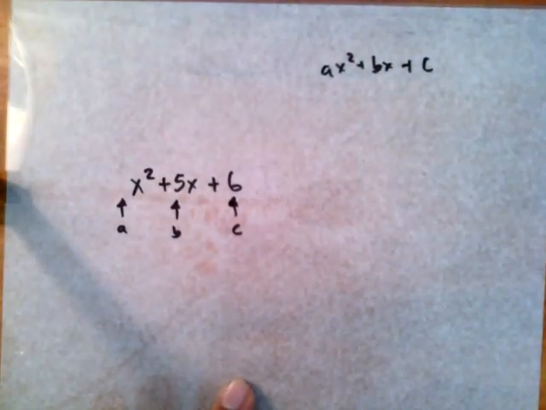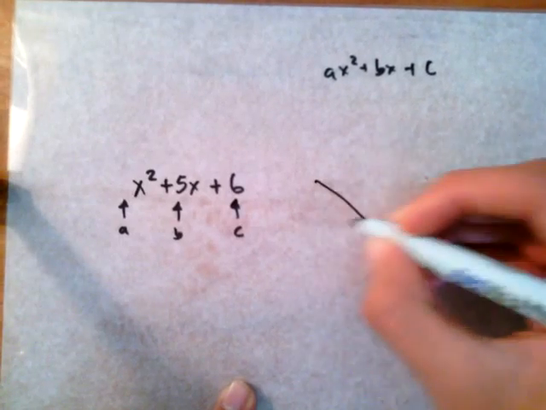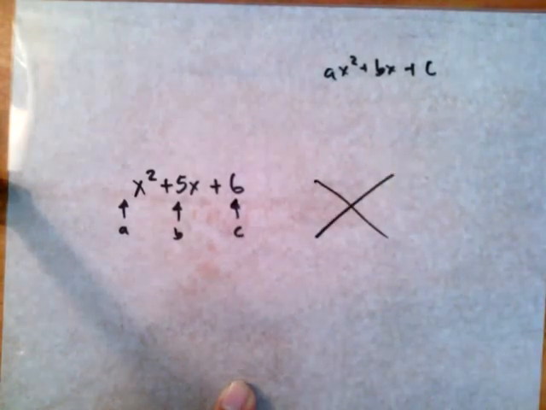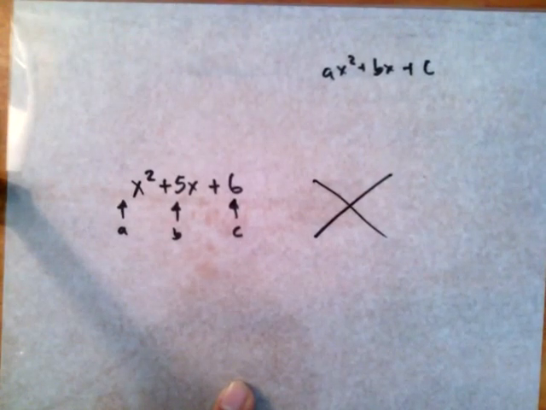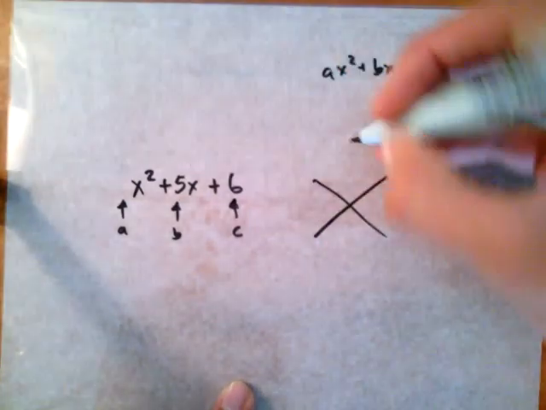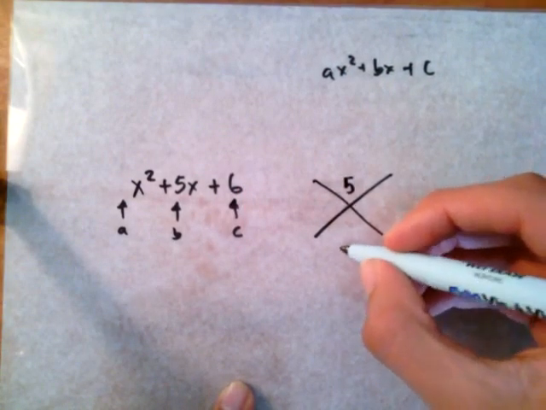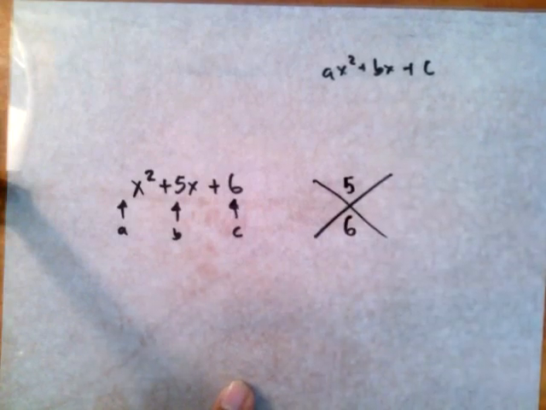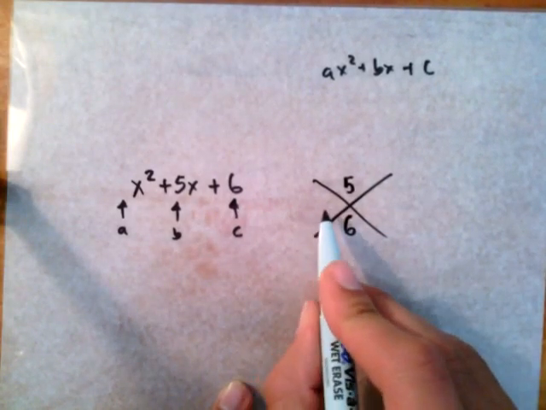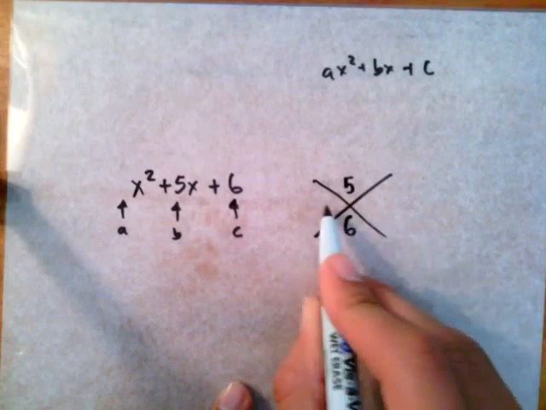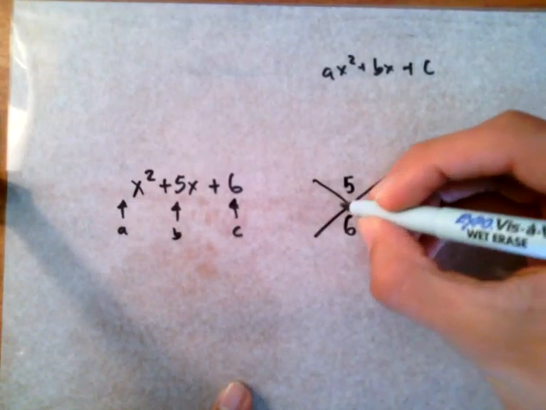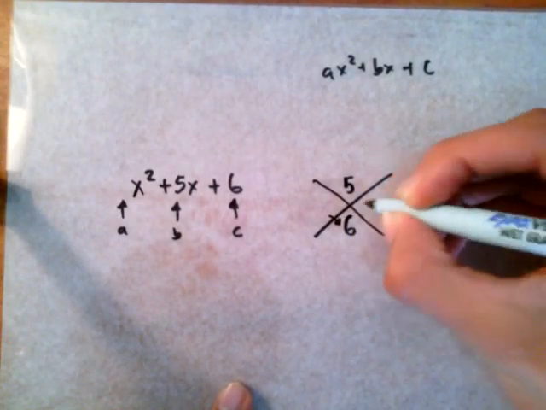Alright, now we're going to construct this cross right here, and what we're going to put is the middle term, which is our b, up here, and we're going to put our last term, our constant, on the bottom. The idea is we want to find two values that multiply together to give us 6.